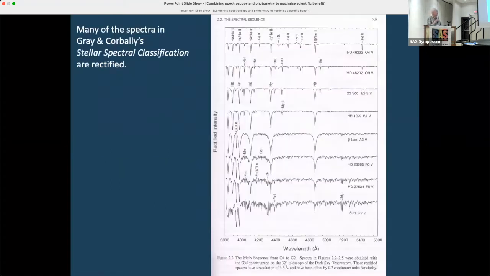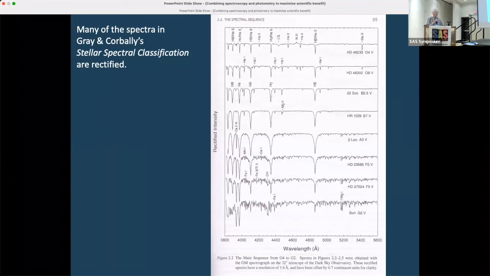Next slide, please. This is a picture that many of you will be familiar with if you have Graeme Corbely's book. Most of the spectra in there have been rectified, so they can be displayed, and you can see the relative features and the variation of spectral features with spectral type.